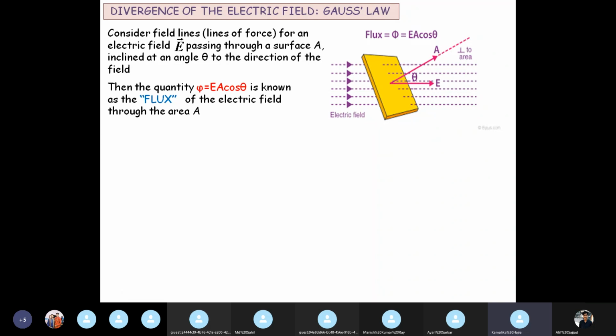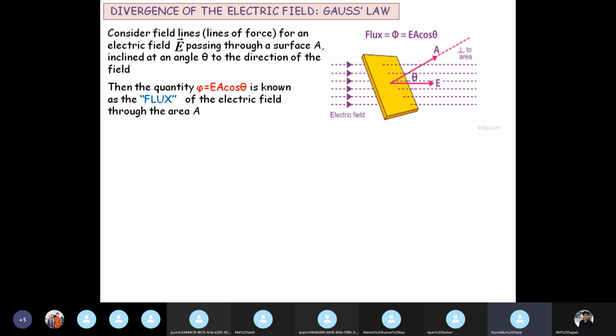Then the quantity phi equal to EA cos theta: the magnitude of E into the projection of the area in the direction of the electric field, that is A cos theta.